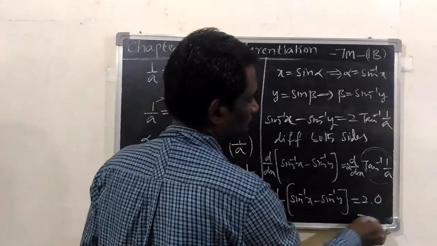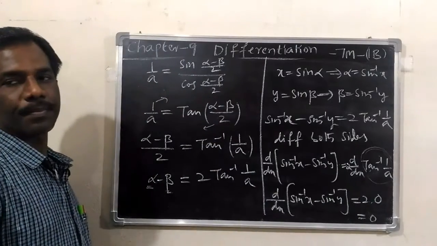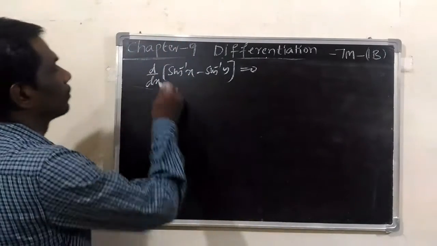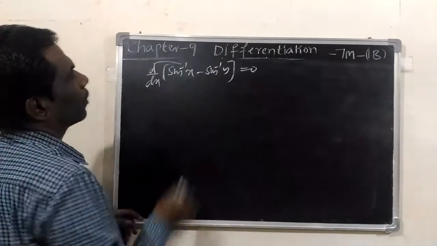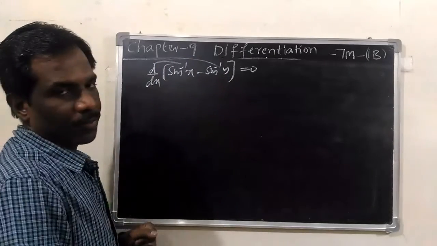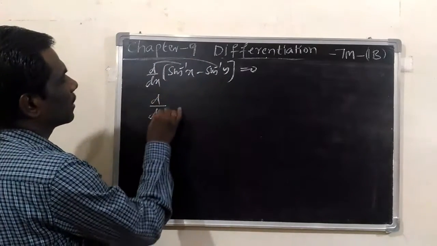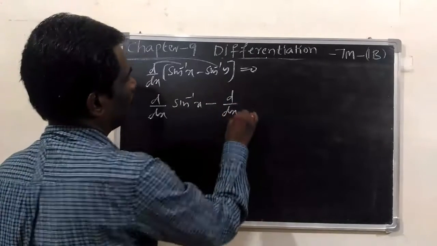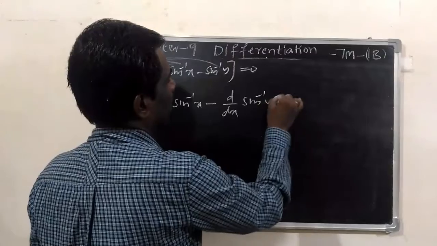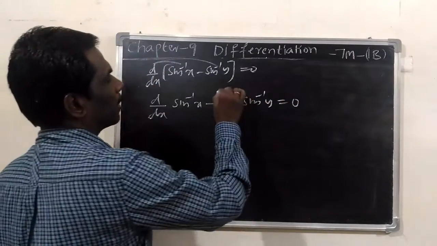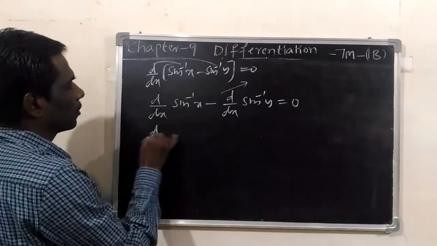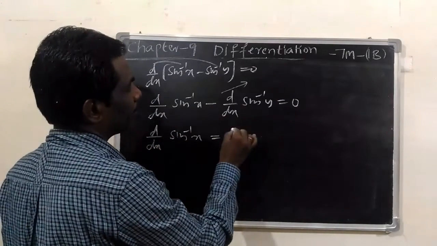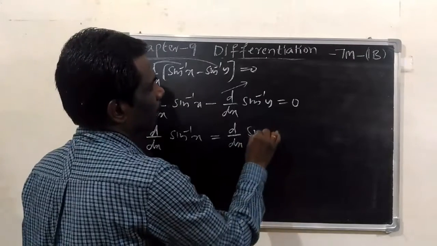So 2 into 0 is 0. Now I am separating d/dx into sin⁻¹x and sin⁻¹y: d/dx sin⁻¹x − d/dx sin⁻¹y = 0. Take the minus term to the right side, so d/dx sin⁻¹x = d/dx sin⁻¹y.